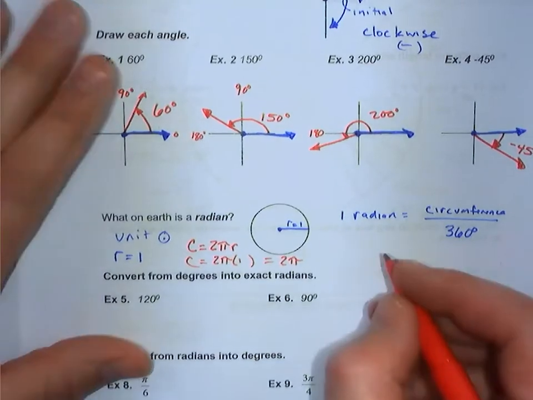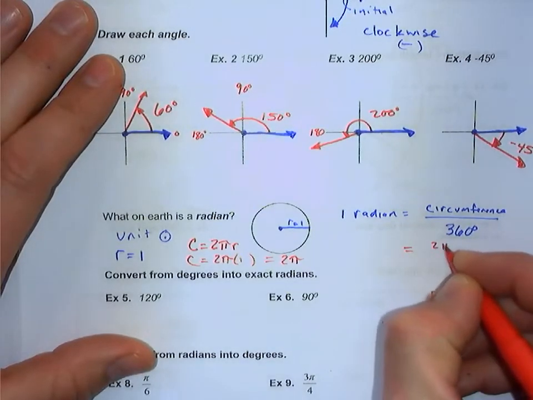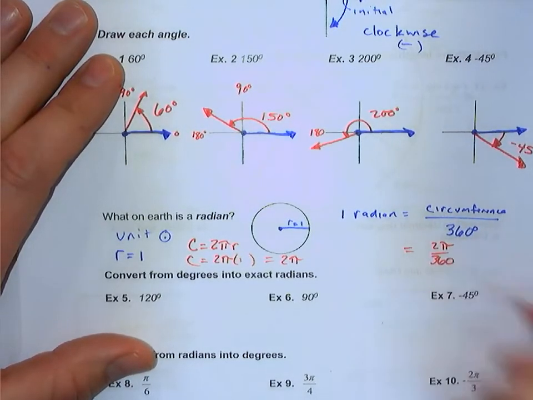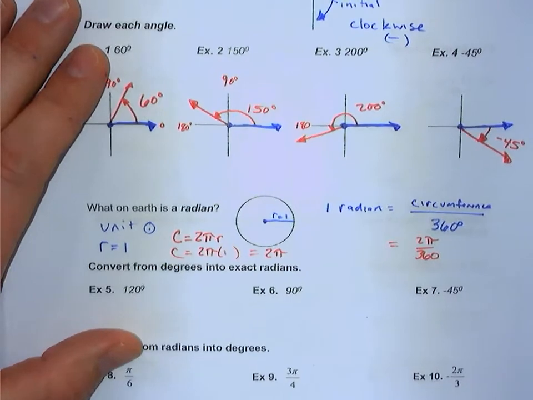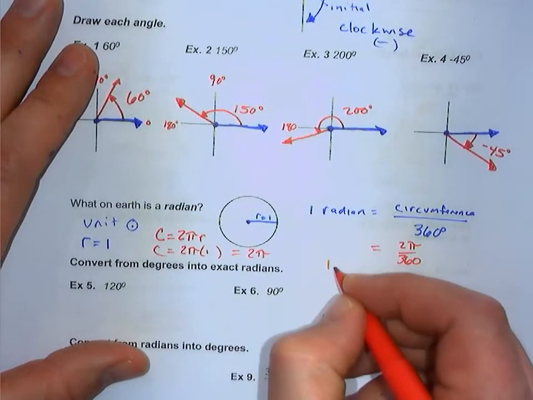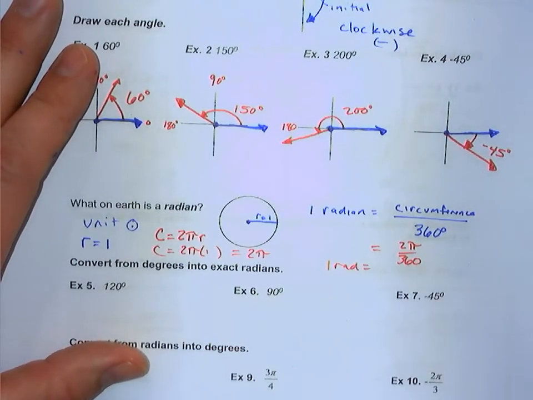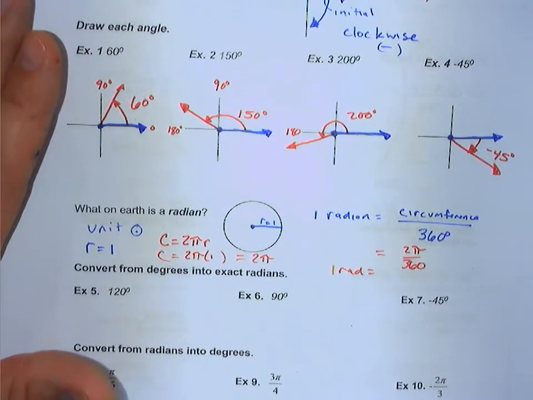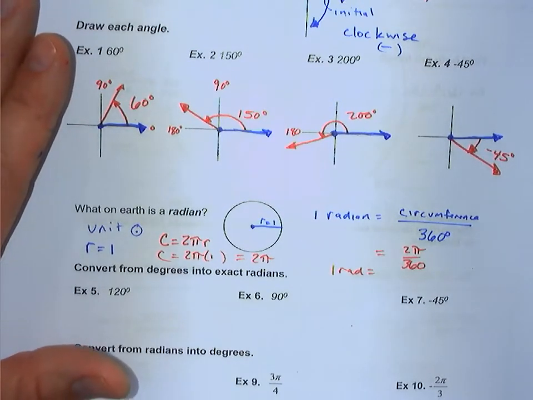So if we take 2 pi and divide by 360, we get 1 radian, or 1 rad for short. What's 2 and 360 reduced by? What do you get?